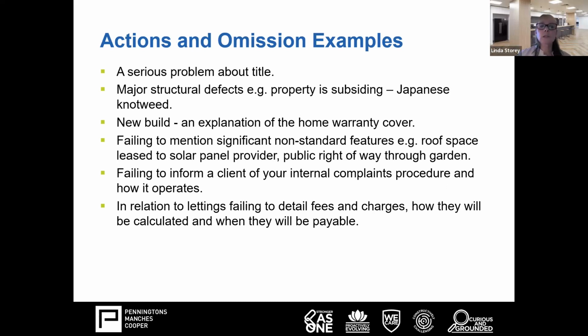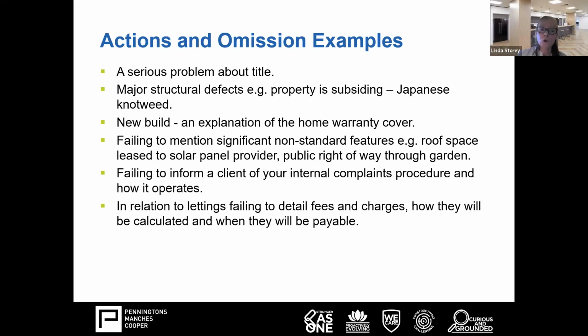Now, actions and omissions, I was thinking it's quite nice to look at some examples and see those in a sort of property context. So a serious problem about the title. Now, this isn't where, particularly in new builds, you've cured title defects by insurance policies and it's rectified.